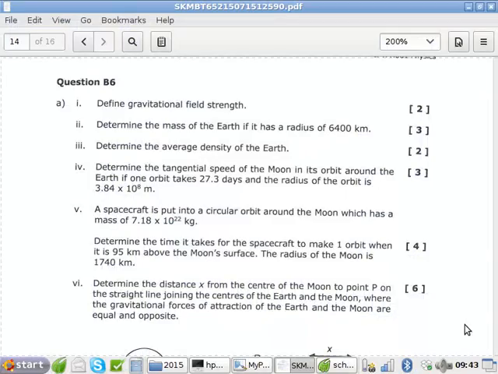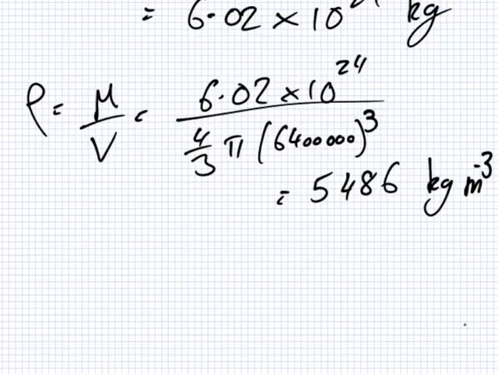So far that's okay. Determine the speed of the moon around the Earth if the time is 27.3 days and the radius is that. Okay, so we have our Earth and we know its mass, and we have the moon and we know the distance.